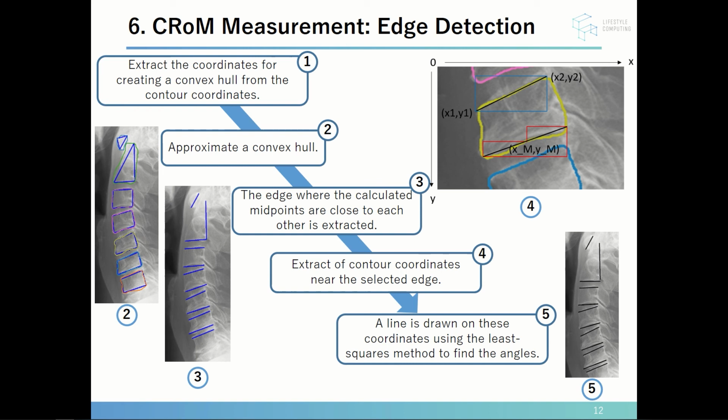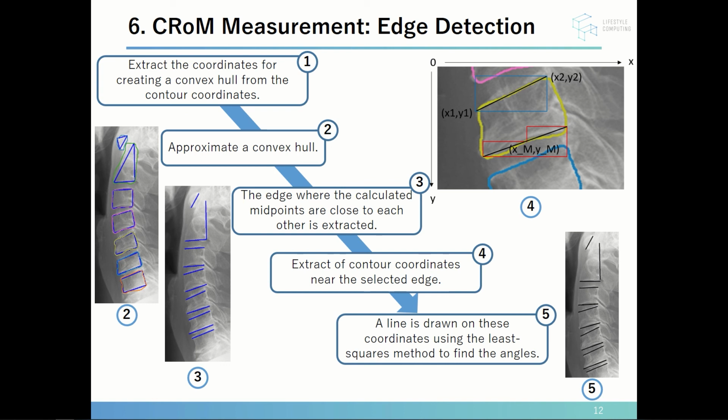Step 3. After this, the midpoint of each edge of the approximated polygon is calculated. The edge where the calculated midpoints are close to each other between cervical spine N and cervical spine N plus 1 is regarded as the edge of the cervical spine used for measurement.